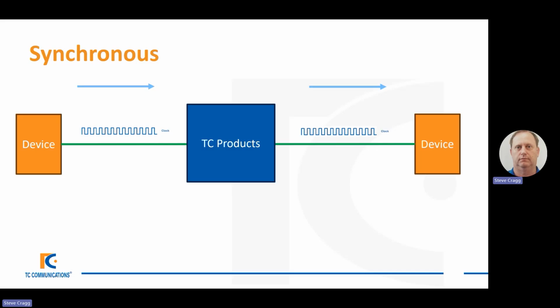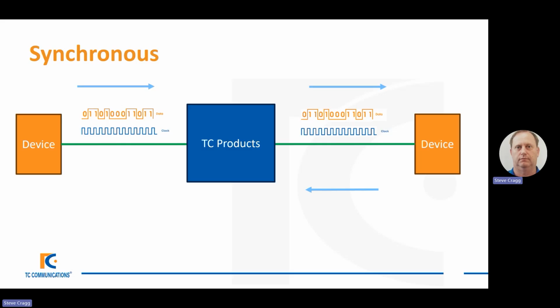Okay. So the clock is sent from the device on the left to the TC products, which receives it. The TC product regenerates the clock or passes the clock through and sends it to the device on the right. We can send the data, obviously synchronized with the clock, and the data that is synchronized with the clock comes out of the TC product, which is cool.